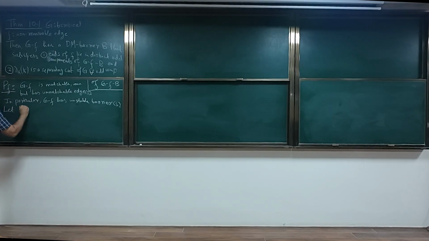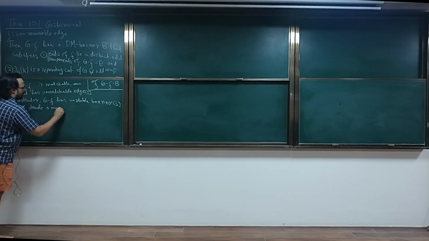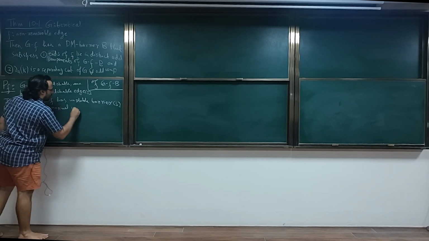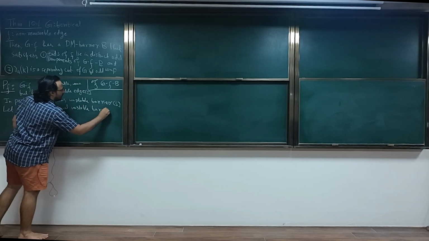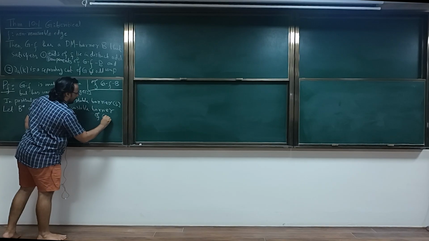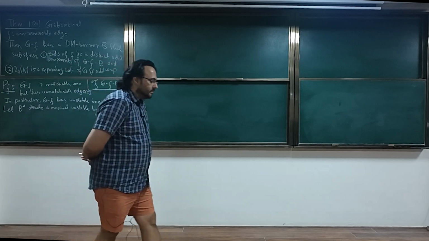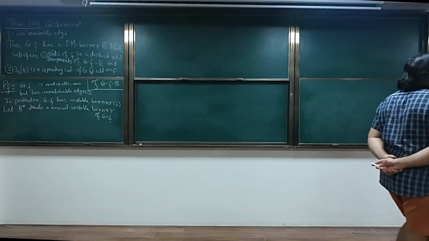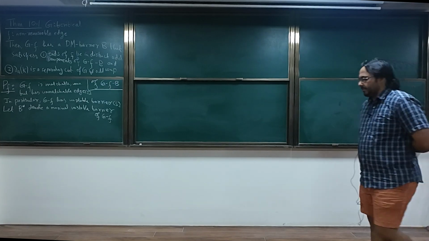Let B star denote a maximal unstable barrier of G minus F. Then by theorem something in chapter 5, I believe it is theorem 5.4, I'll write down the theorem statement.